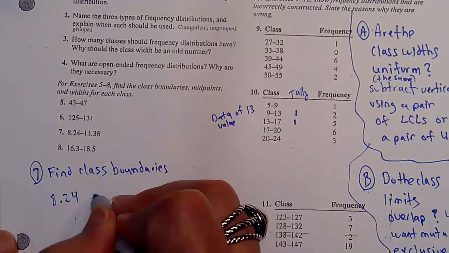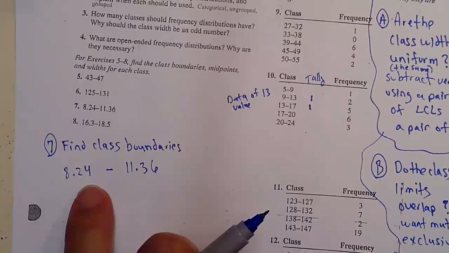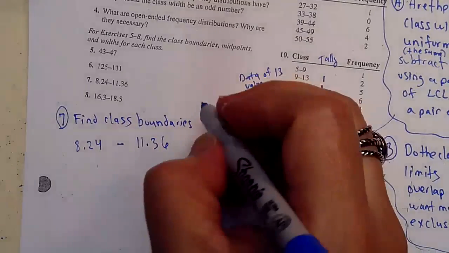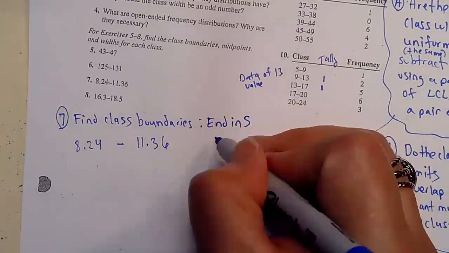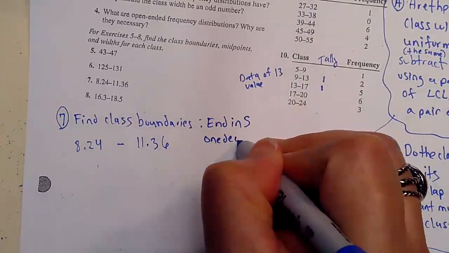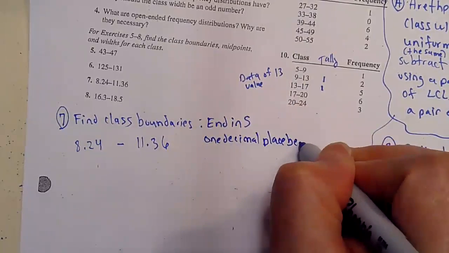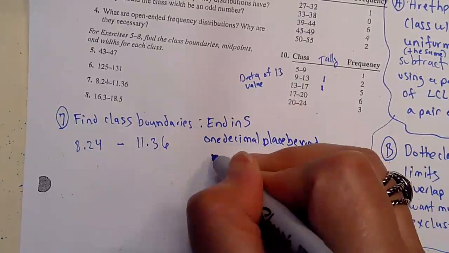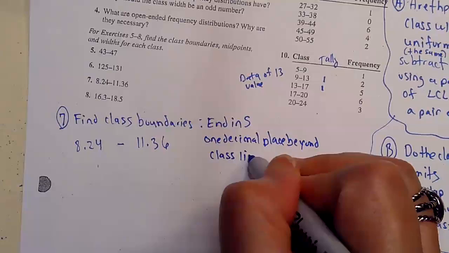So we have 8.24 to 11.36. These are in the hundredths place. So I need 1 decimal place beyond the class limits.